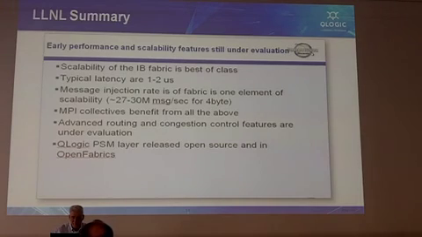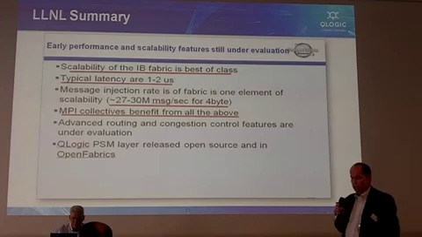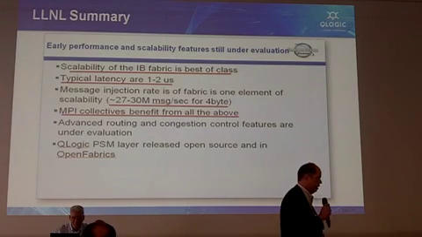Next slide. Just to summarize, because it was a little bit hard to hear, hit the next set of builds. Scalability looks good. Latency looks very good across a cluster of 2,000 nodes. Message rate injection was very good. Collectives have some interesting results I can share with you later if you would like.